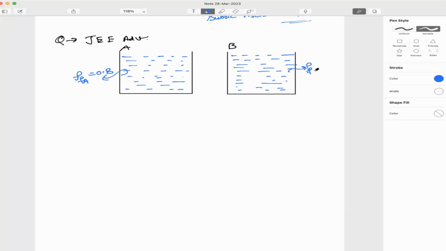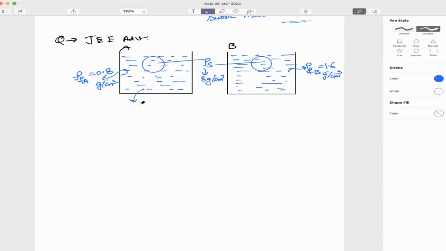Rho F B is 1.6. Both the solid objects are the same, that is, both the rho solid are the same, with density 8 gram per centimeter cube. These are also gram per centimeter cube.